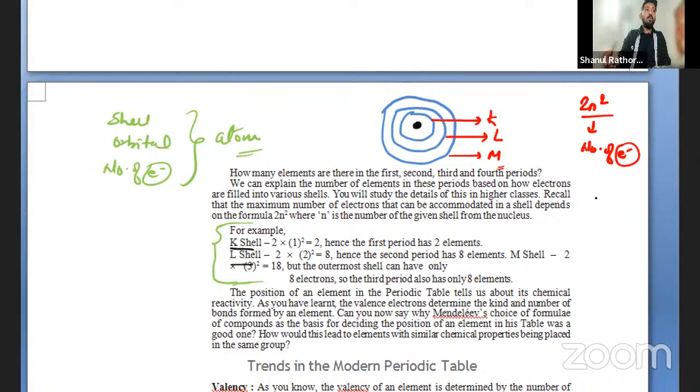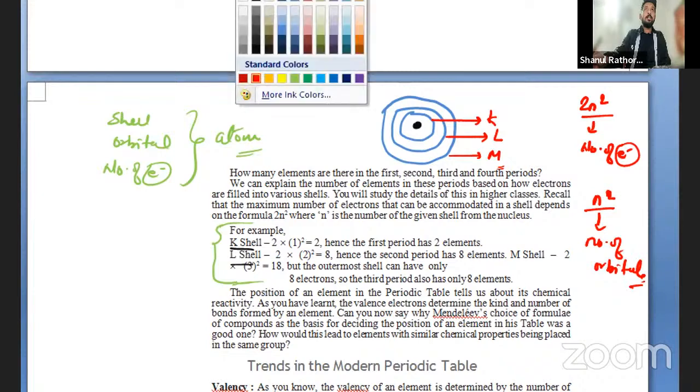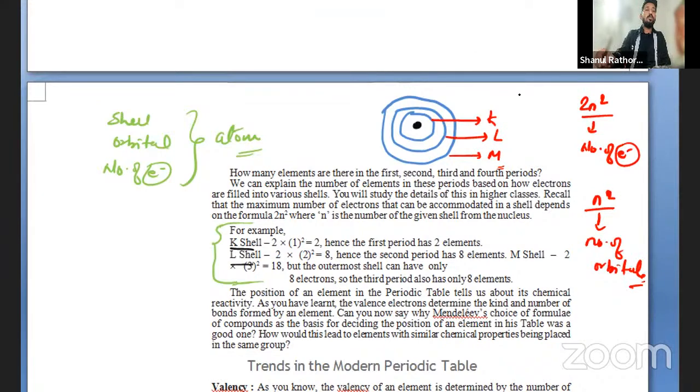And we also use the formula n square to identify the number of subshells or orbitals, right? So if we put n equals 2, we get 2 multiplied by 2 squared, right? So what will we get? 2 into 4 is equals to 8, right?